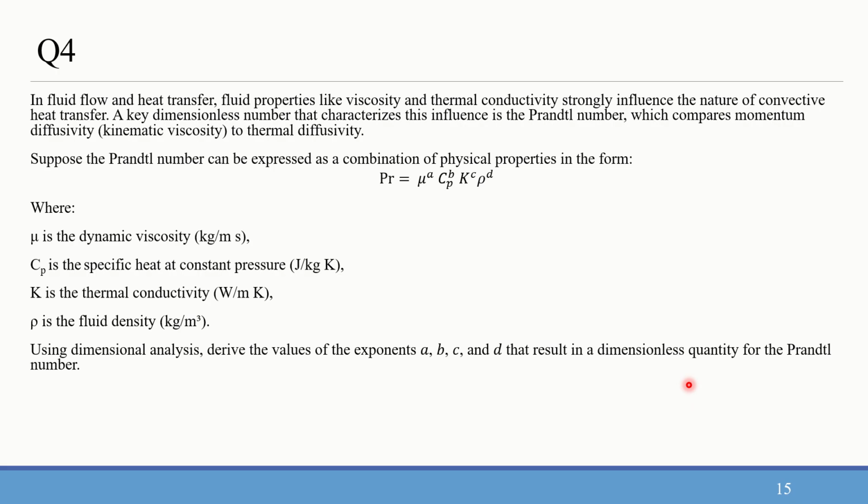Now using dimensional analysis, we have to derive the values of a, b, c and d so that the whole quantity becomes dimensionless. Similar to how we did in the last problem, we have to do this as well. So yeah, we'll start.